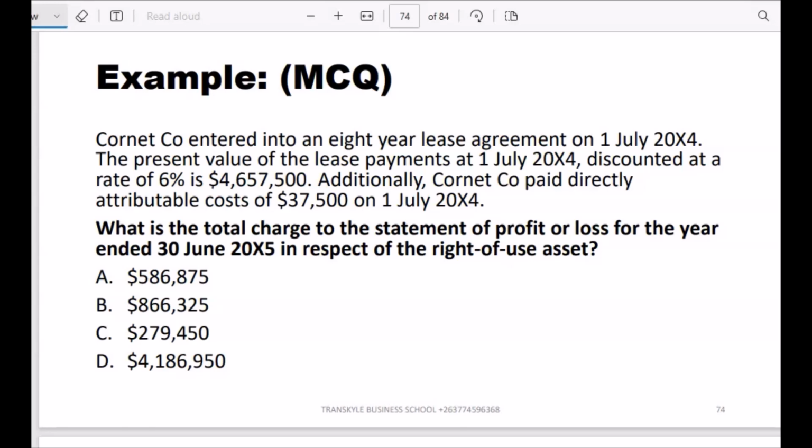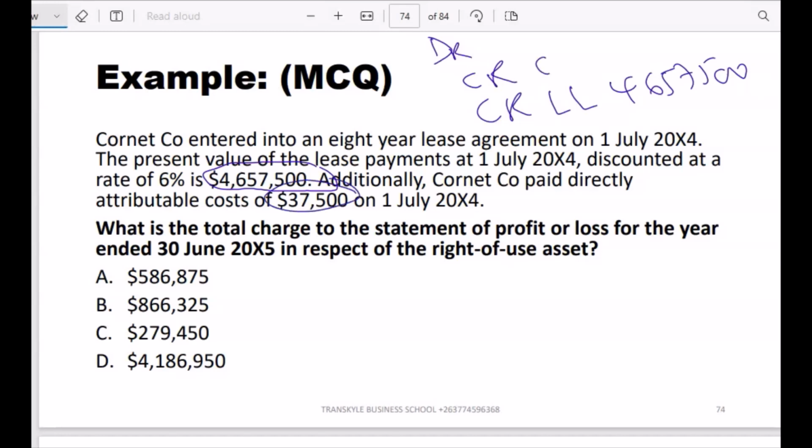So initially we recognize the right of use asset and the lease liability. We credit the lease liability, and any payment which would have been done. The lease liability in this case was determined to be 4,657,500, and there was a cash payment of 37,500. We add these two figures to get our right of use asset.